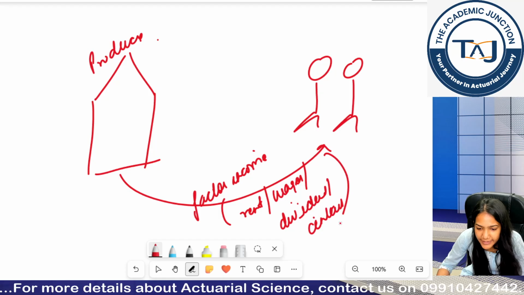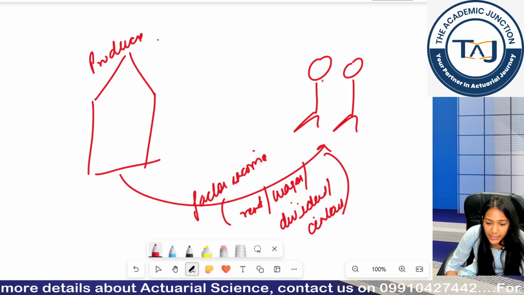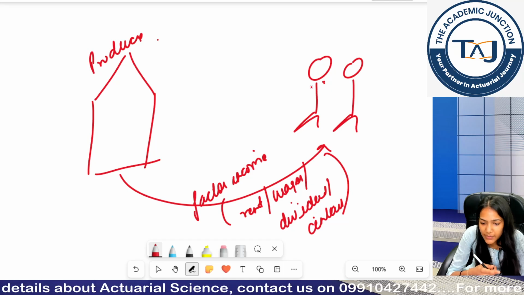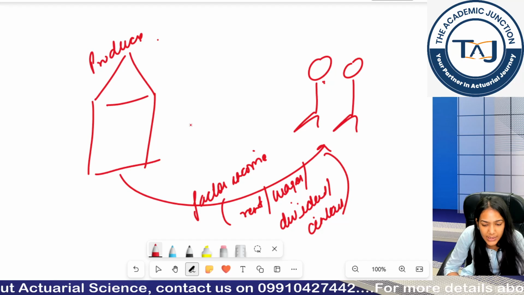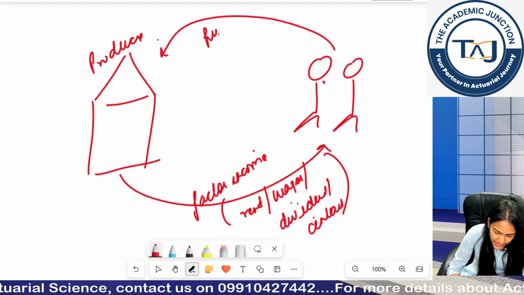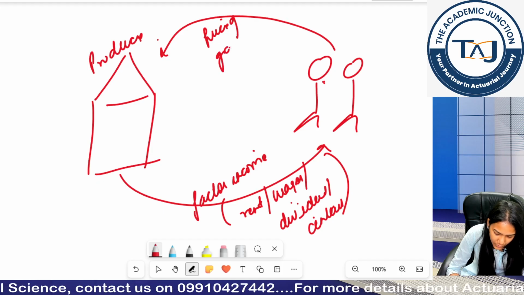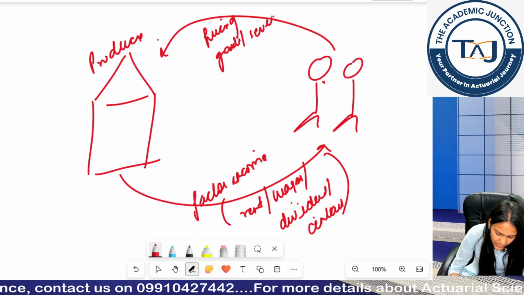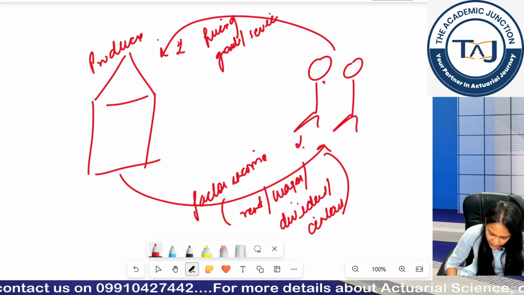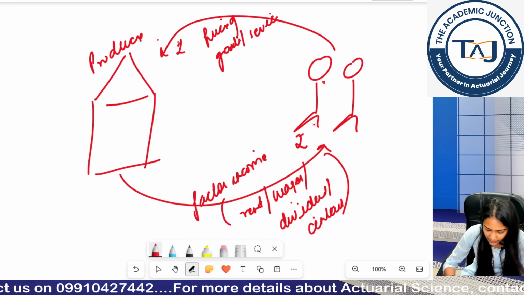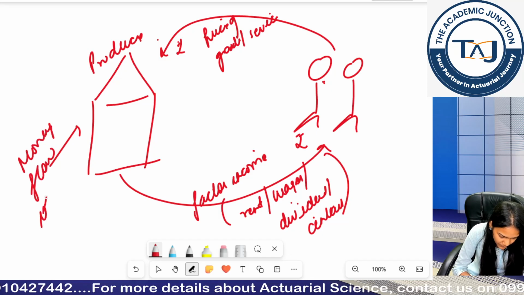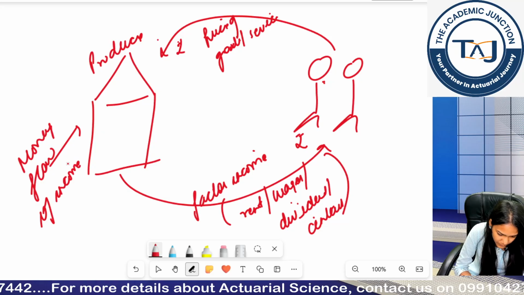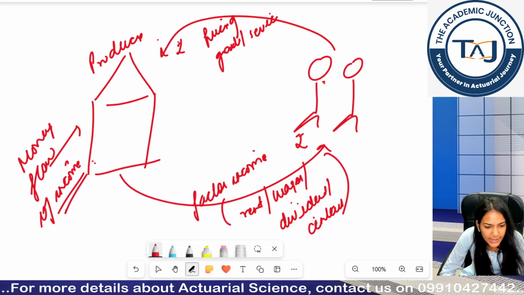These are basically factor income. Okay. And consumers have consumed the goods and services that producers have produced. So, they might be paying the price of goods and services. So, I write here price of goods and services. So here I can see, here also money is involved, here also money is involved. That's why this type of flow is called money flow. Is it clear?